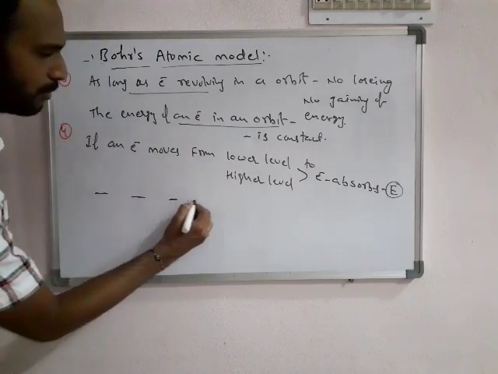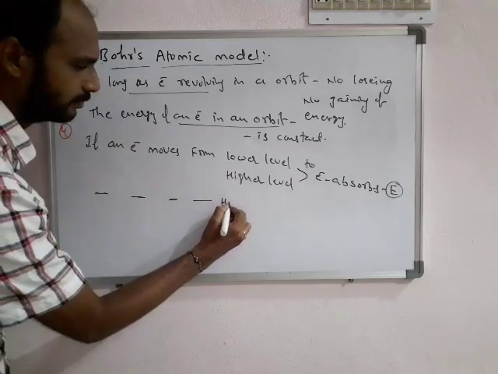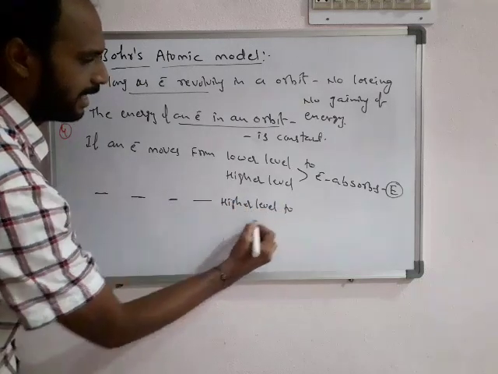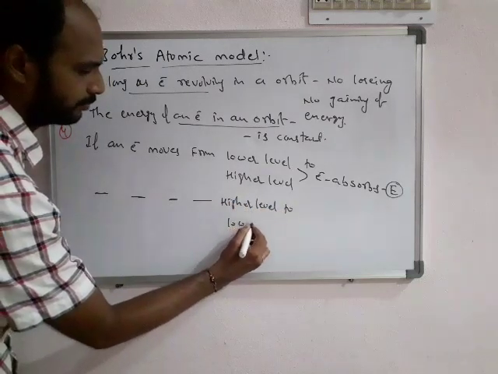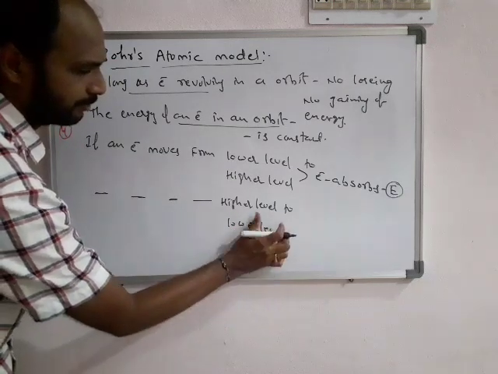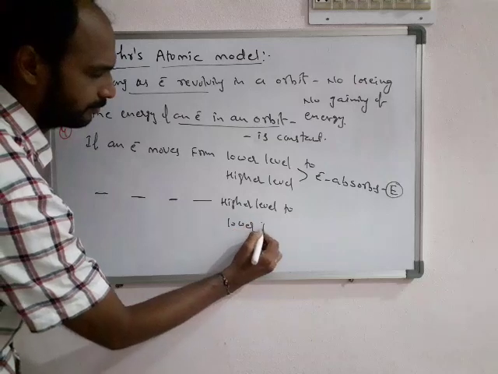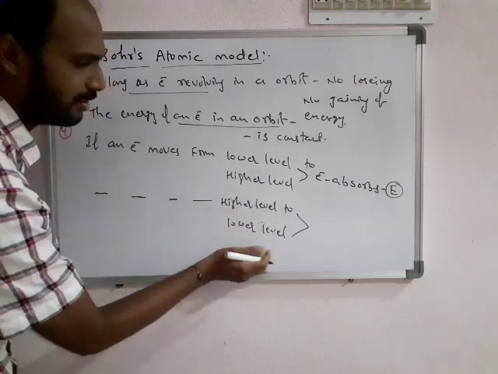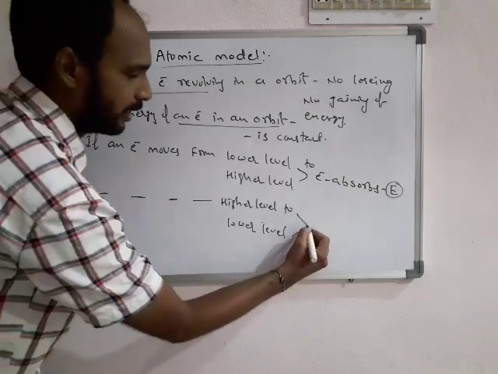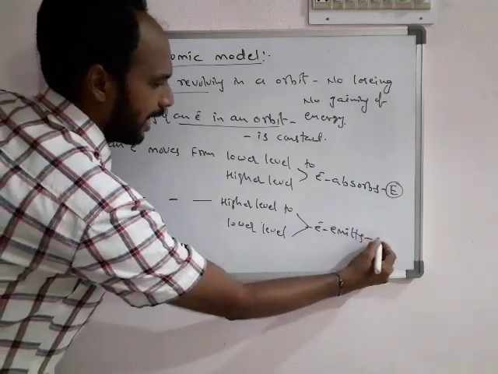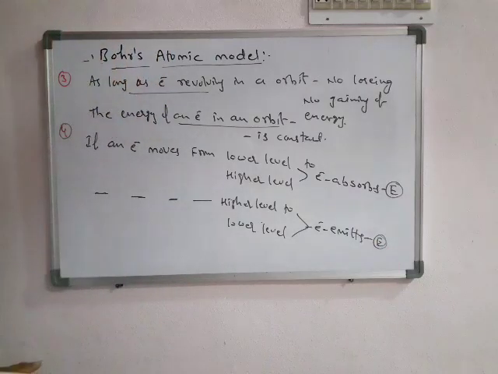If an electron moves from a higher level to a lower level, so higher level నుంచి lower level కి వచ్చింది అనుకోండి, then the electron emits some energy.